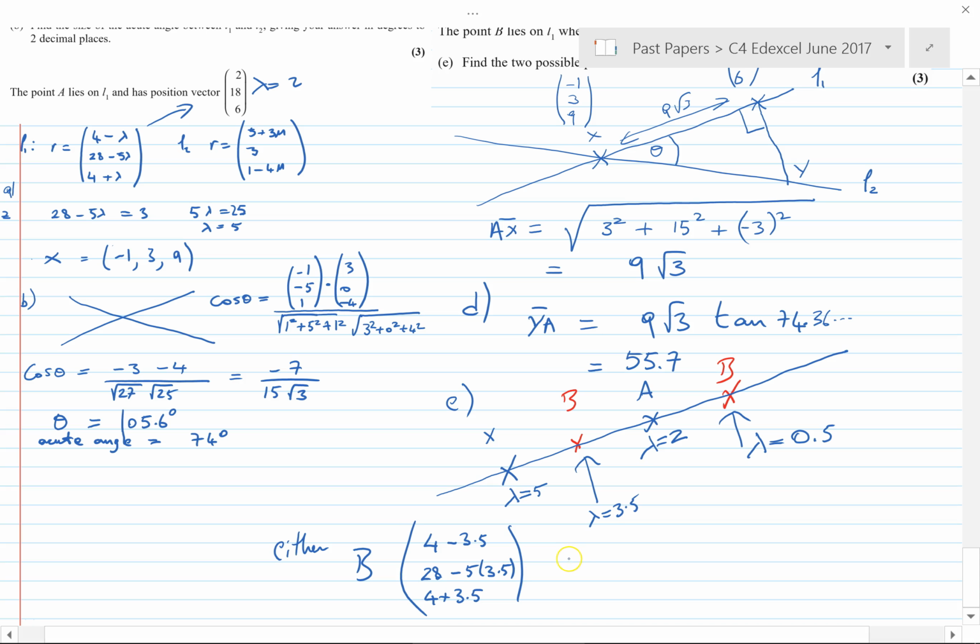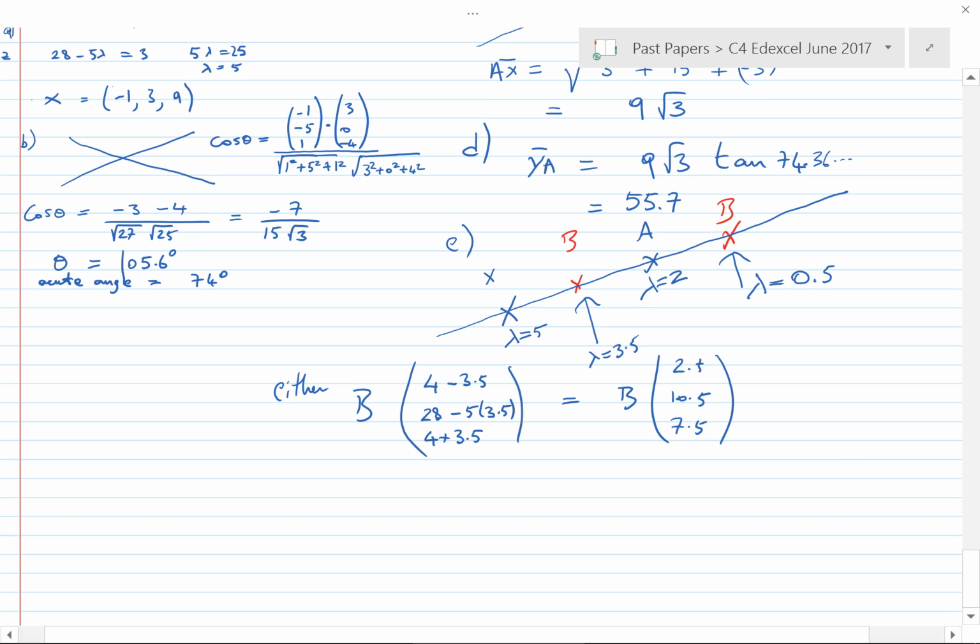So that gives us B is equal to 2.5, 10.5 and 7.5. So that corresponds to the point we've got here, where it's in between the 2 points, and then the other one where it's further on.